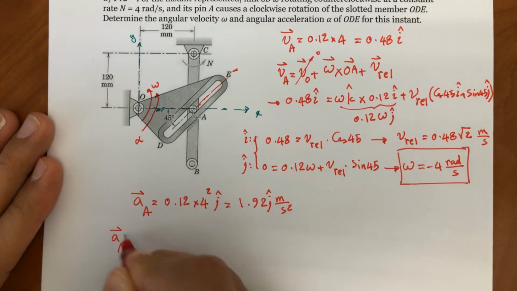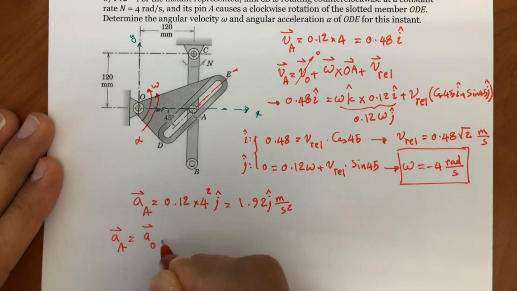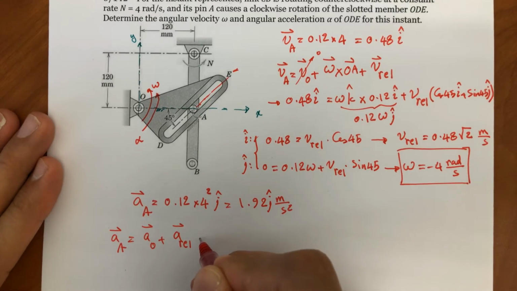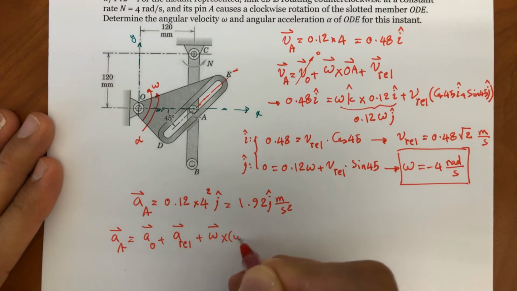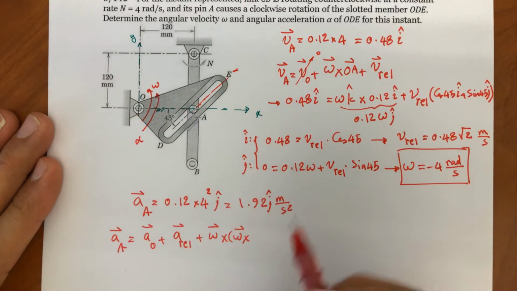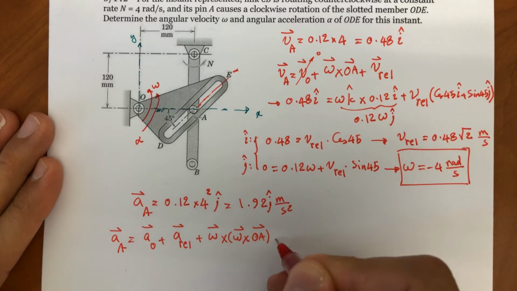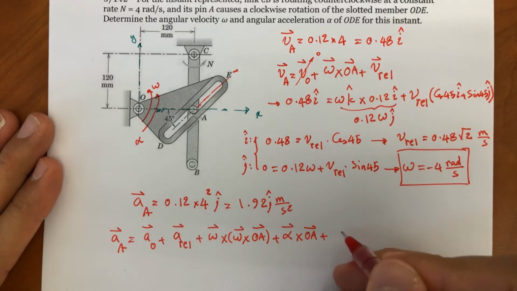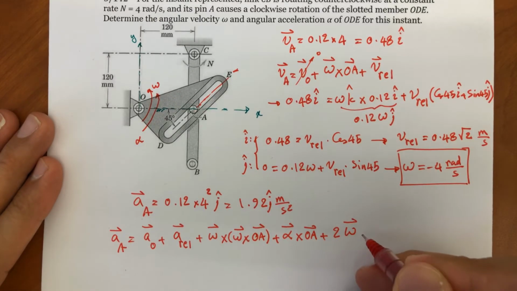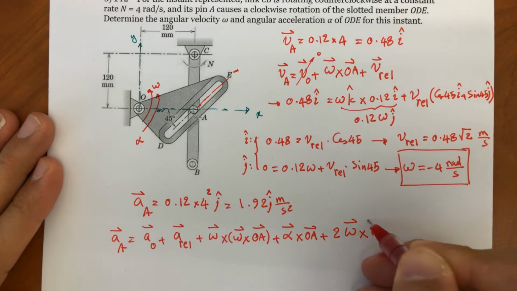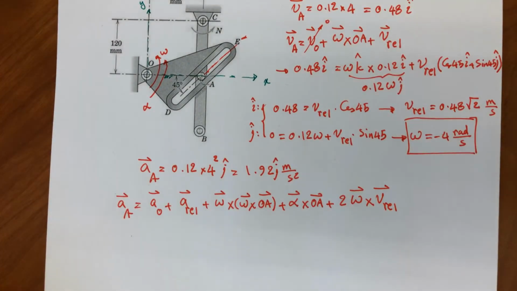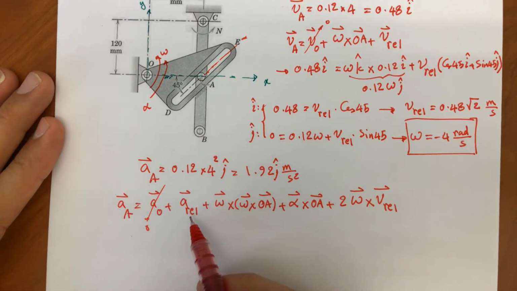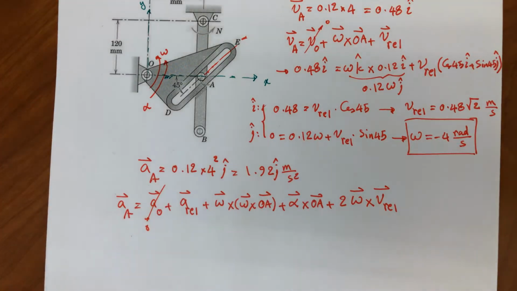Acceleration of A is going to be equal to acceleration of O plus relative acceleration plus omega cross omega cross R, which is OA here, plus alpha cross R, or OA, plus the Coriolis acceleration, 2 times omega cross relative velocity. Now let's see what we have and what we don't have here. Acceleration of O is 0. The relative acceleration, again, what's the meaning of relative acceleration?